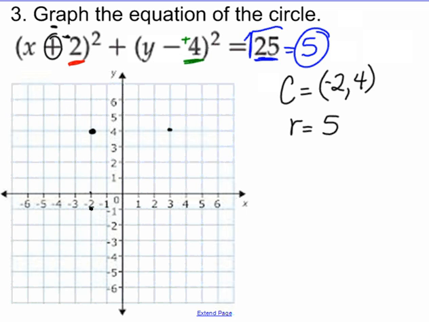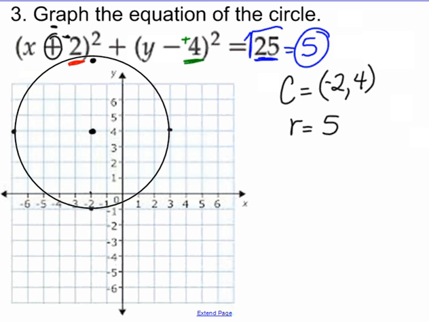Sorry, this doesn't really fit on your paper vertically. Then I'm going to cheat a little bit and draw my circle like this. You can draw it with your pencil though, and it works out quite nicely. Okay, that's graphing the equation of a circle.